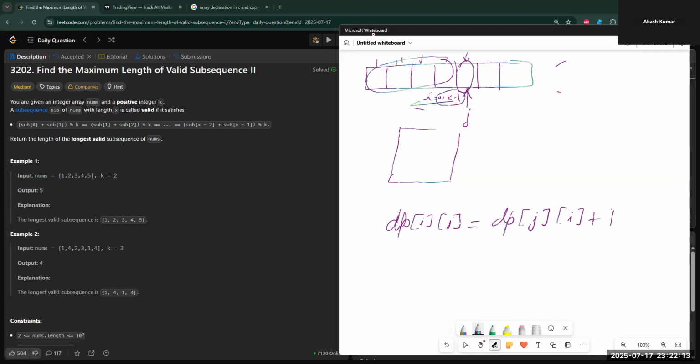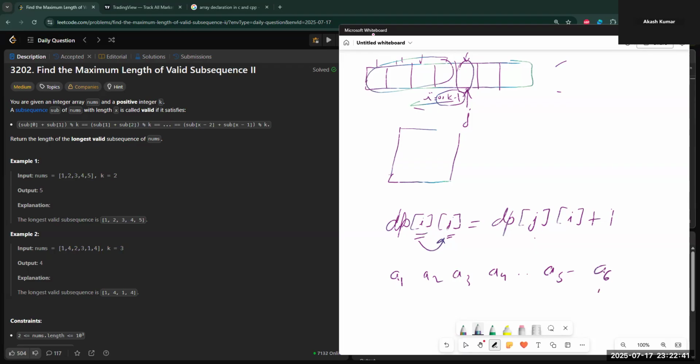So dp[i][j] means the modulus of previous and the modulus of current. In this sequence, let's say a1, a2, a3, a4, a5, a6.